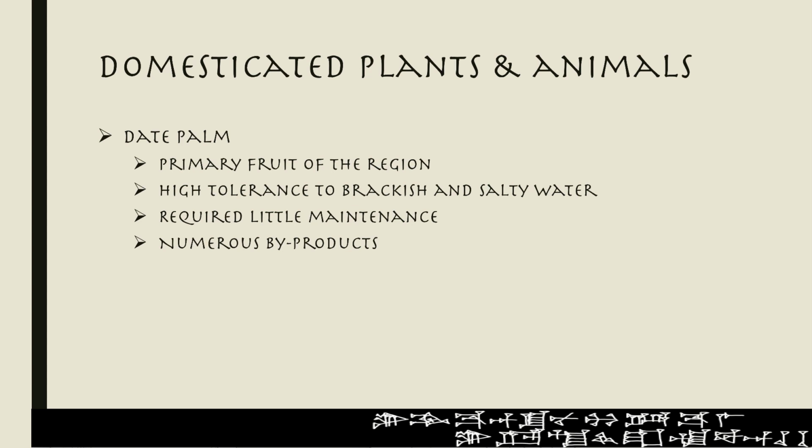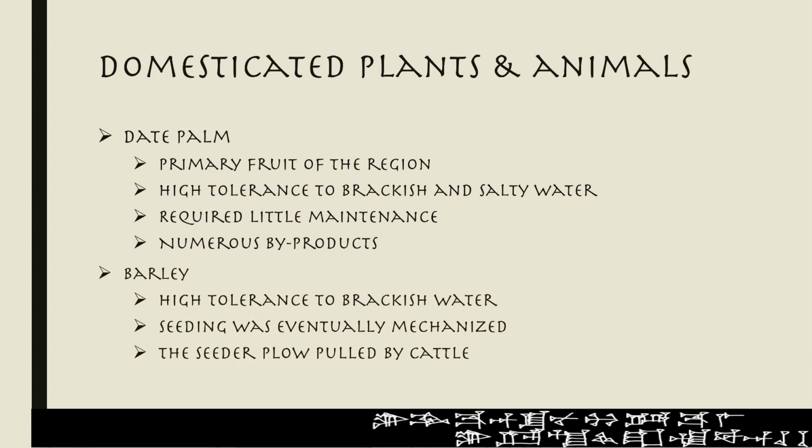So the primary fruit of the region is the date palm. It has a high tolerance to brackish water. It required little maintenance, and it had a great number of uses given the byproducts of the plant. And so it could be used to craft a number of different items.